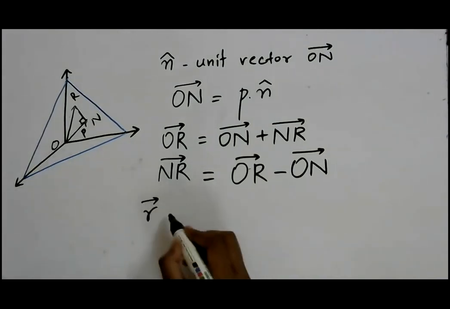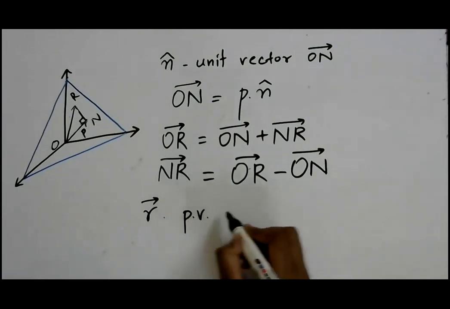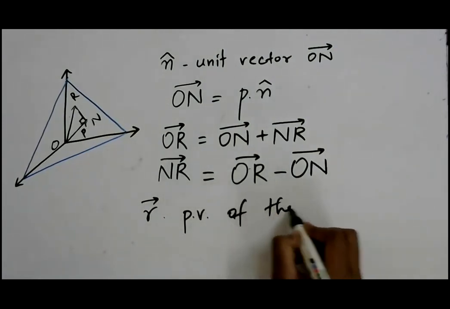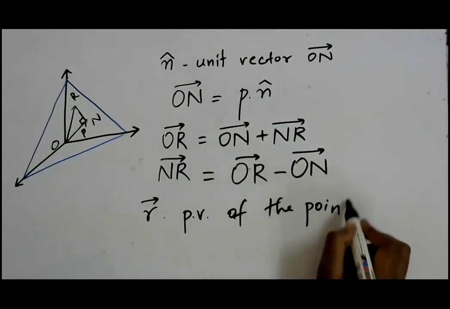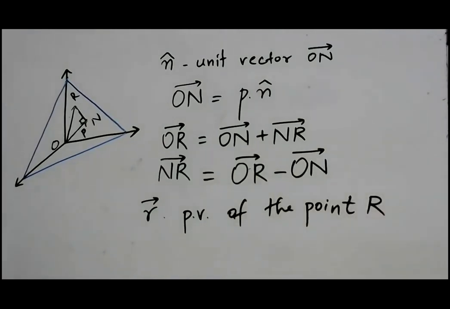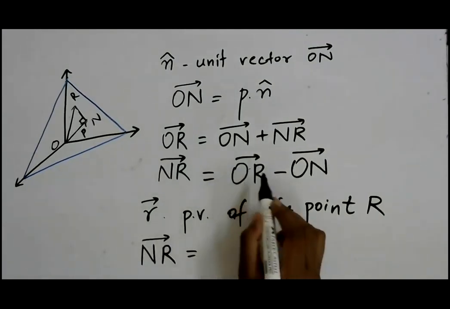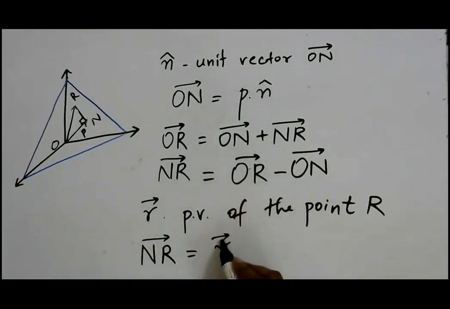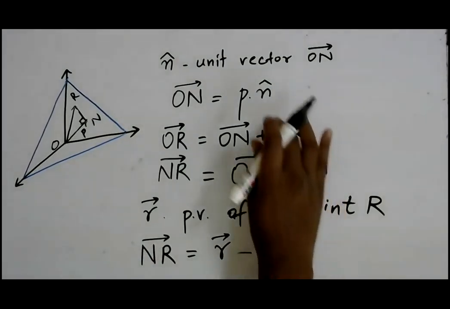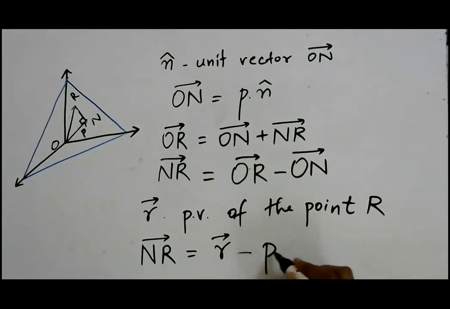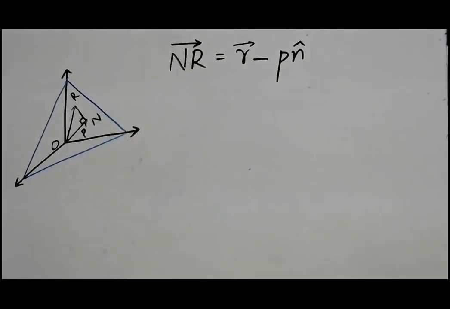So r vector is the position vector of the point capital R. So our NR vector is rewritten as OR vector, that is the position vector, which we are going to represent with small r vector, minus, we already know what ON vector is, that is p times n vector. So I've rewritten NR vector over here.